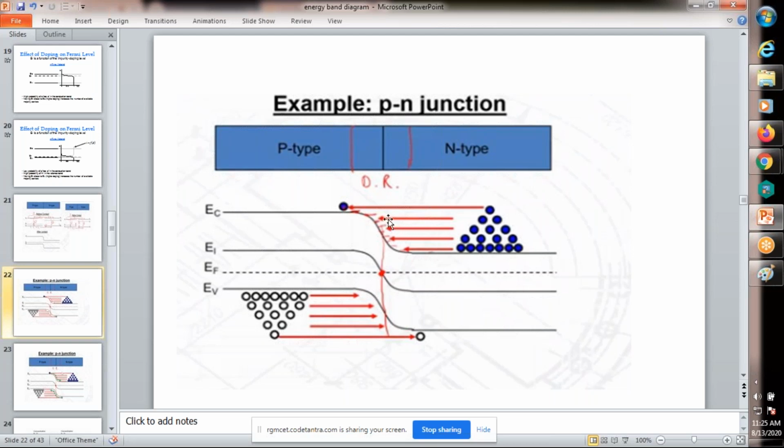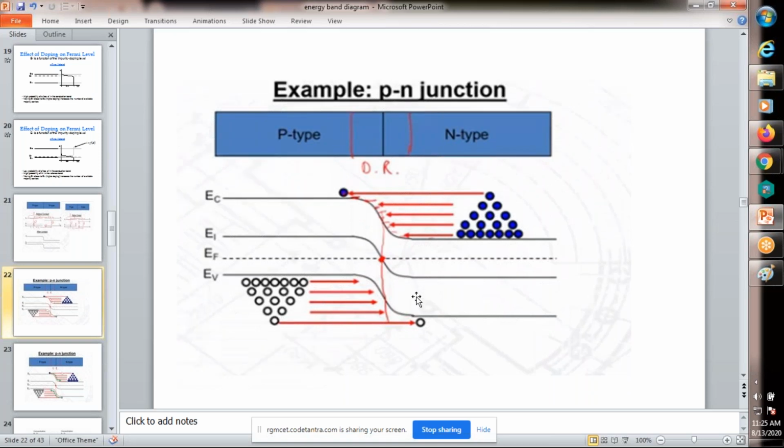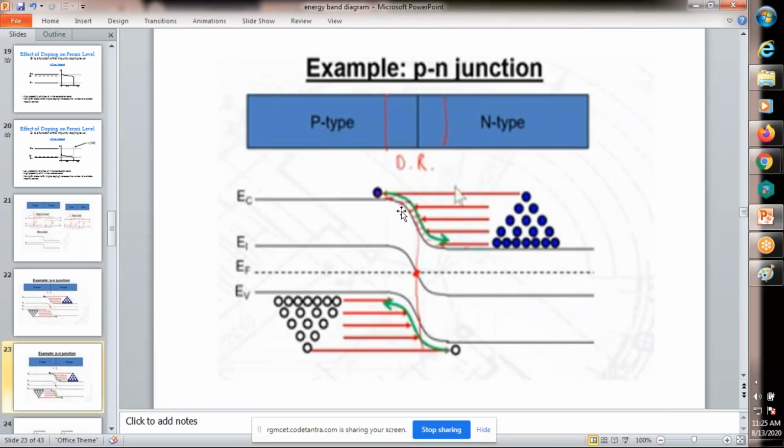Whenever diffusion takes place near the junction, some immobile ions are created: negative on the p side and positive on the n side. This is the depletion region. Due to this depletion region, there may be a drift current. The electrons come in this direction, and similarly the holes come in this direction.